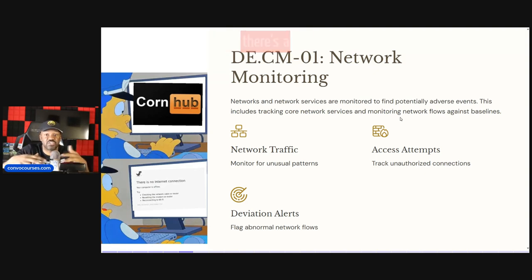Like if there's a sudden, huge influx of logs, they might know that the QoS, the quality of service, on their Cisco network is not how it's supposed to be configured or something like that. So there's an aspect of network monitoring where they're looking at the health of the network itself.